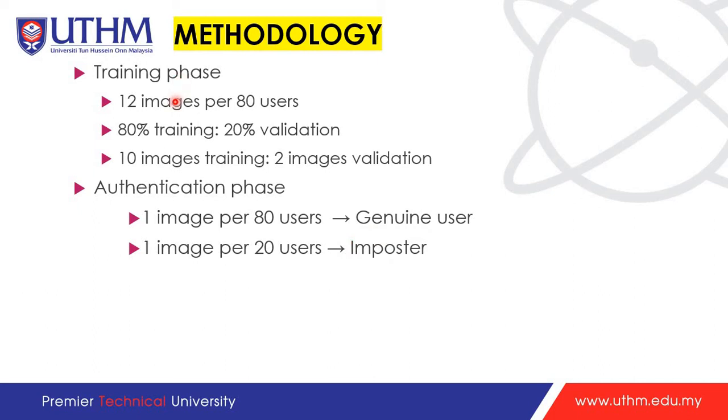So for the training phase, 12 images per 80 users, or a total of 960 images, were used. From these 960 images, they were divided into 80% training and 20% validation, which is equivalent to 10 images for training and 2 images for validation.